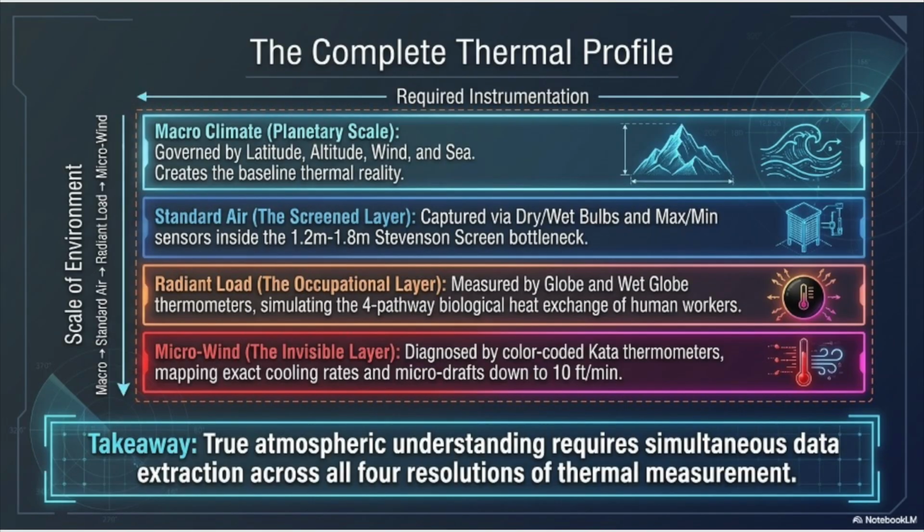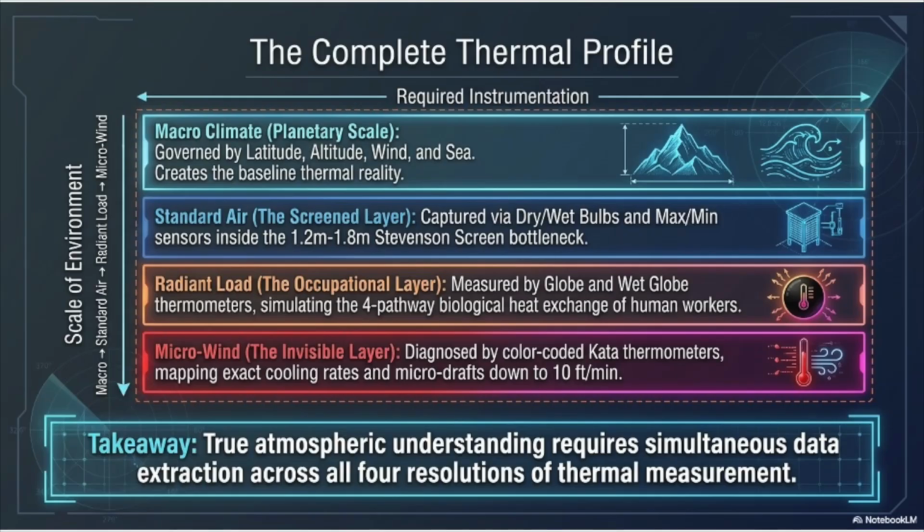Bringing everything together, we arrive at the complete thermal profile, which requires instrumentation across four distinct scales. The macroclimate at a planetary scale is governed by latitude, altitude, wind, and sea, creating the baseline thermal reality. Standard air within the screened layer is captured through dry and wet bulbs along with maximum and minimum sensors.